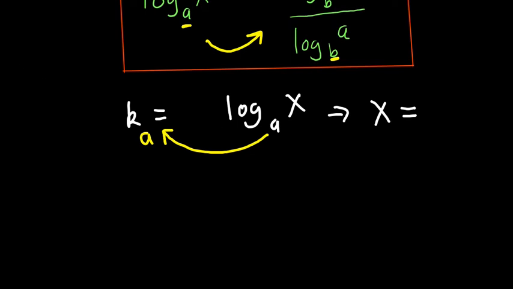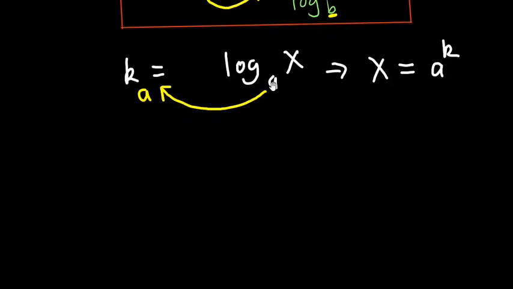Now we have transitioned to an exponent form instead of the logarithmic form. So we have x is a to the k, right?